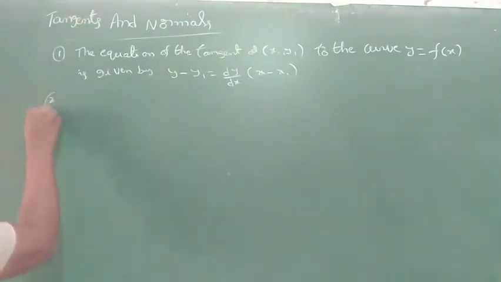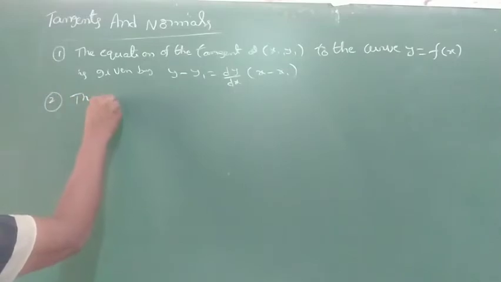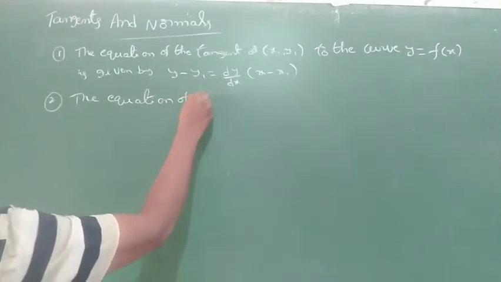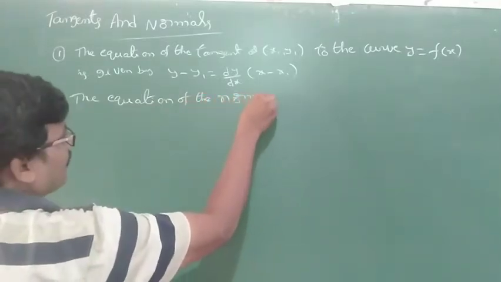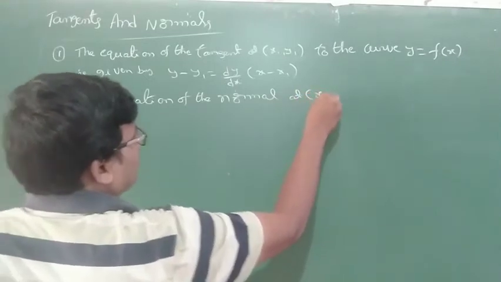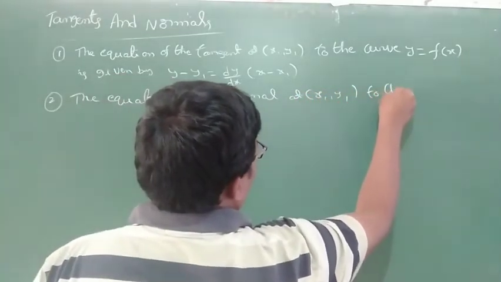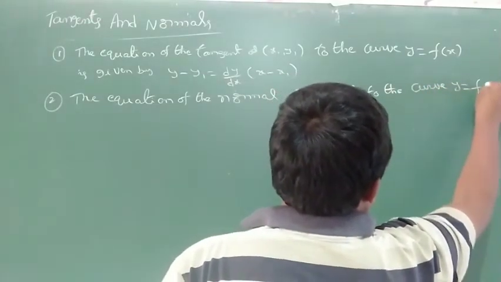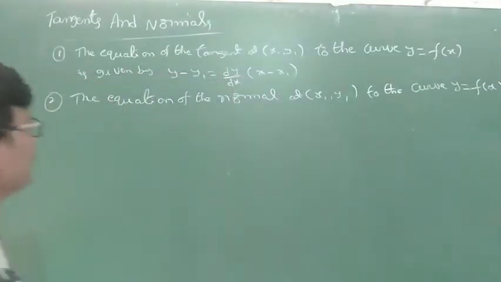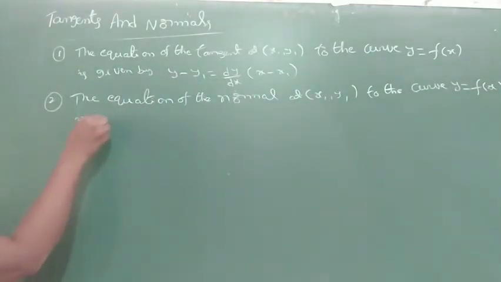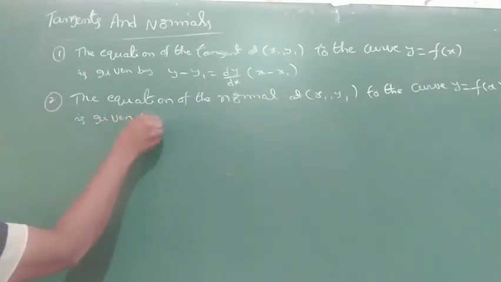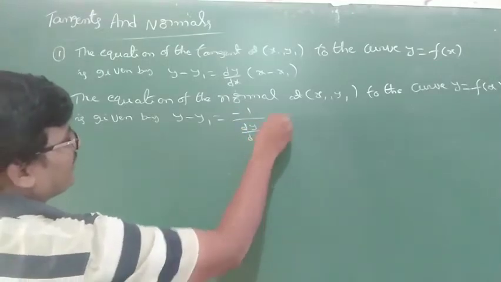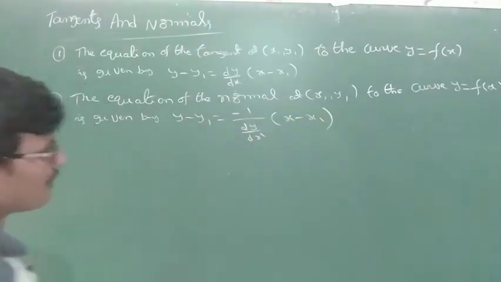Next, second one, the equation of the normal at x1 comma y1 to the curve y is equal to f of x is given by y minus y1 is equal to minus 1 by dy by dx into x minus x1.